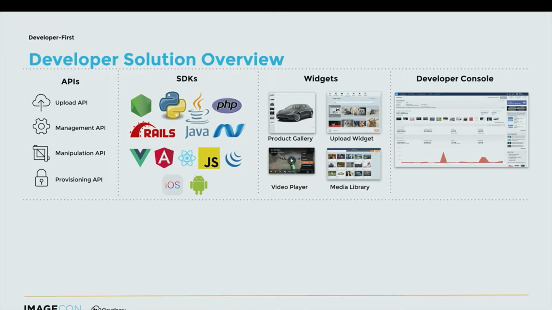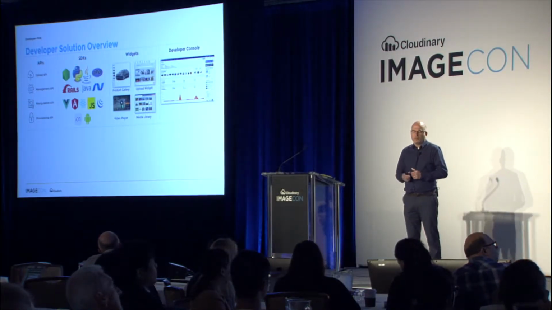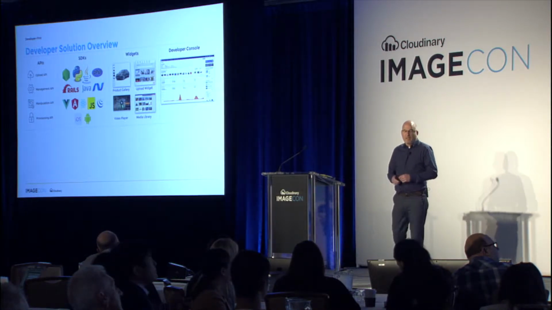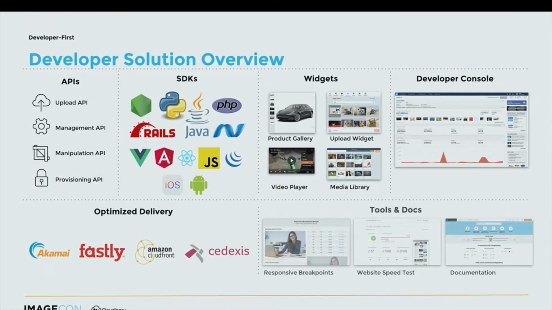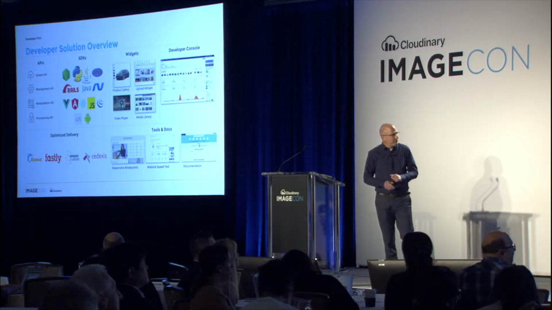The developer console is the place where you go to look at the dashboards and usage, try out new transformations, and search using our media library. We also provide a multi-CDN solution for optimized delivery, and a whole range of tools and documentation that are freely available for you to educate yourself and improve.